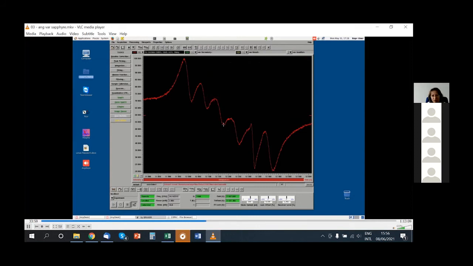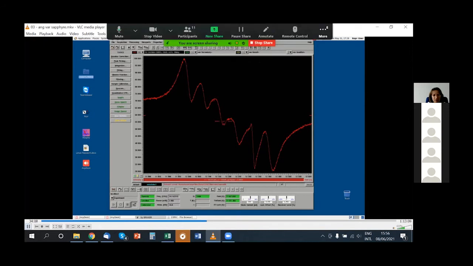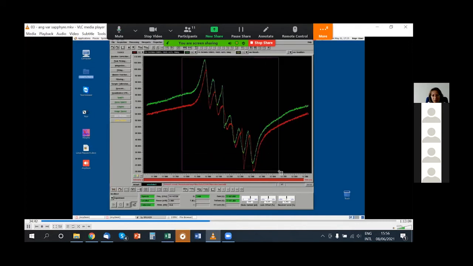We are checking the hyperfine splitting, the center of the structure, the g value, and then where this one is going.